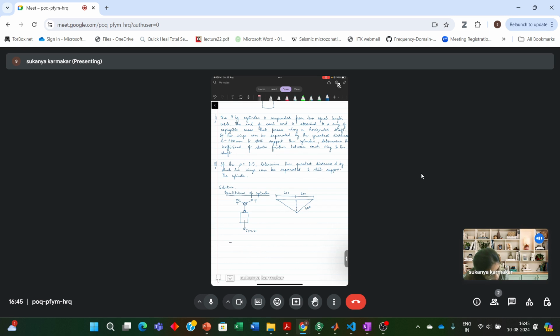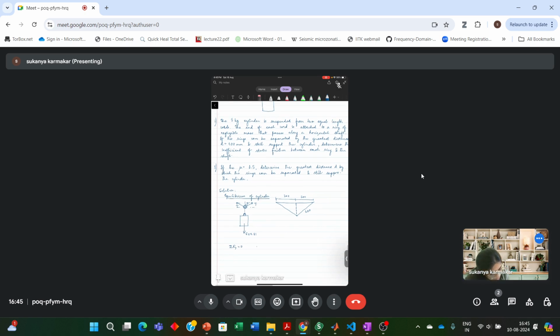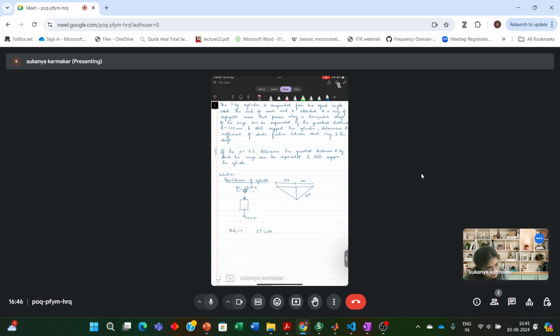So summation of Fy is equal to 0. It will be 2T cos theta minus 5 into 9.81 equal to 0.